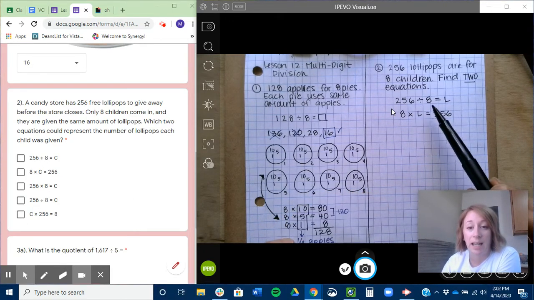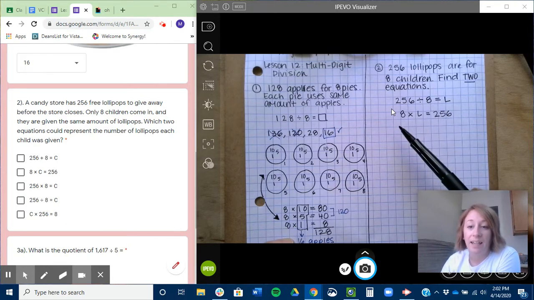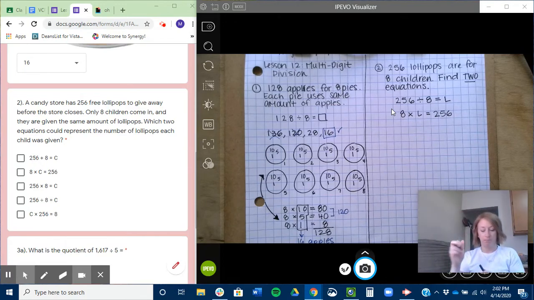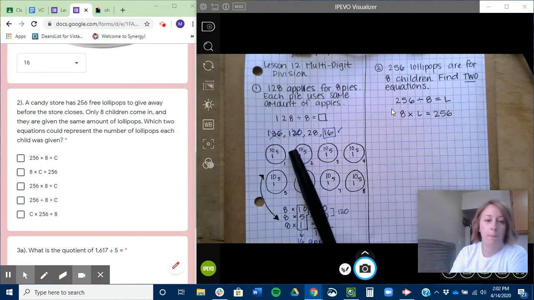Now let's go ahead and look through our answer choices to specifically find 256 divided by 8, and 8 times blank equals 256. Let's go ahead and read the answer choices carefully. The first one is 256 plus 8 equals C. Would that be correct?